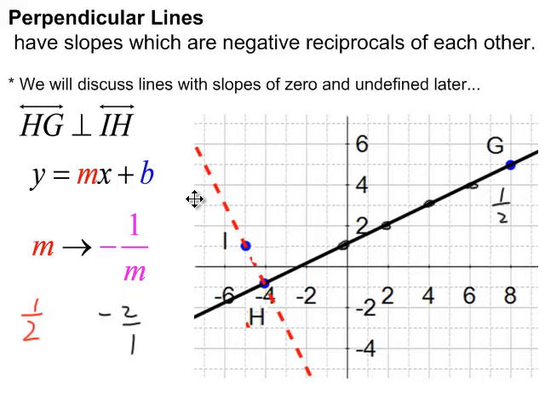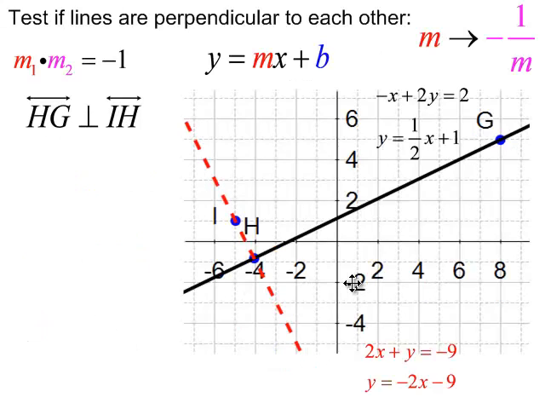Is this red line negative 2 for slope? Down 2 over 1, down 2 over 1, clearly is. This line is perpendicular to that line. Okay. Let's see, I wrote the equations for it. Oh, we have a simple test to see if these lines are perpendicular. Take the first slope, which was 1/2.